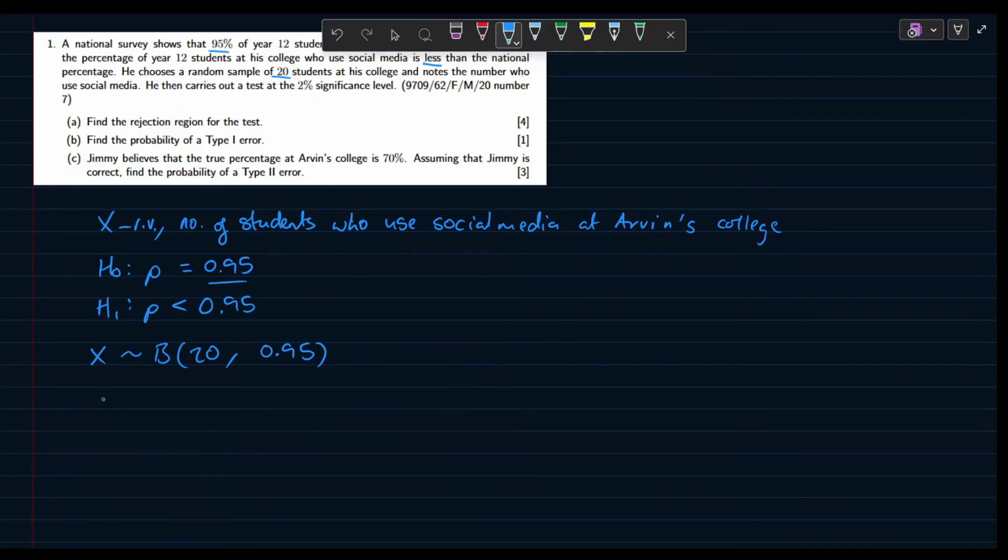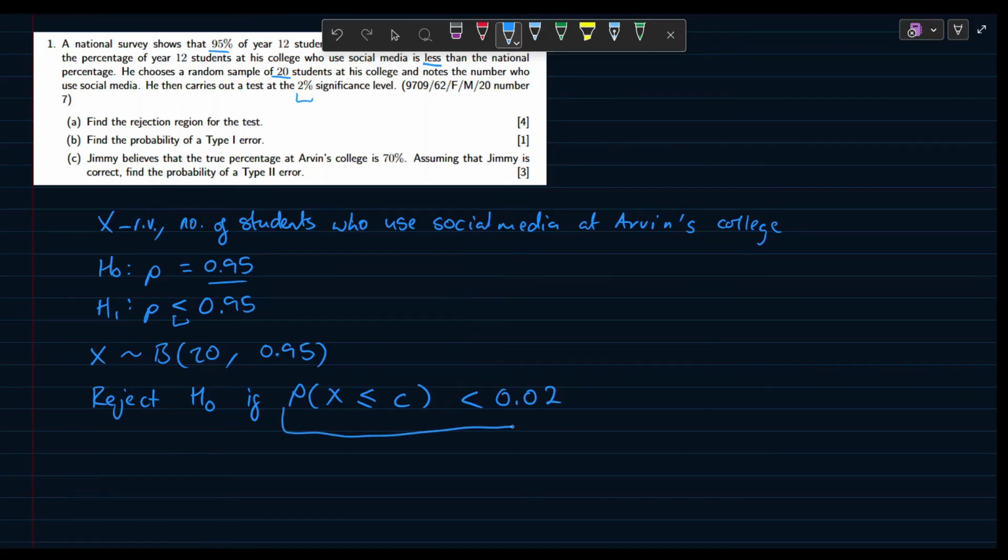Alright, so the rejection rule for his test would be: reject H0 if the probability that X is less than or equal to our critical value is less than our significance level, which is 0.02.